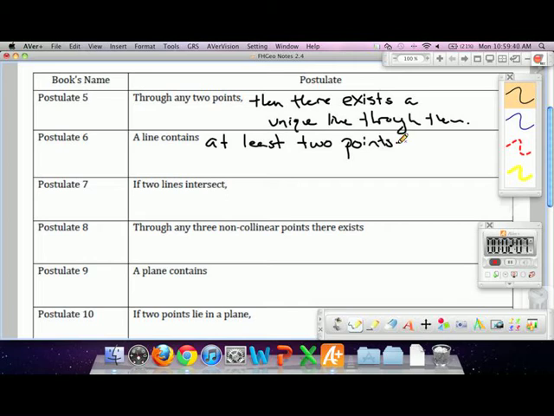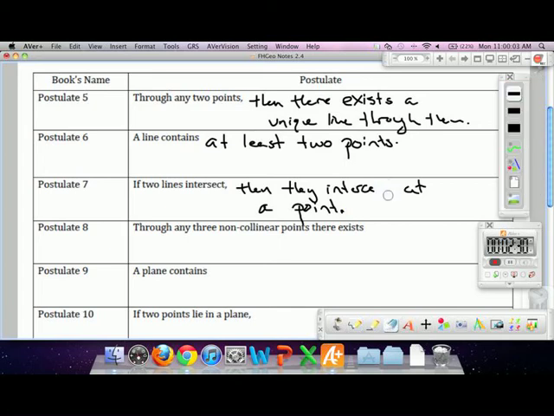So if 2 lines intersect, then they intersect at a point. If they intersect, then that intersection is a point. It has to be.